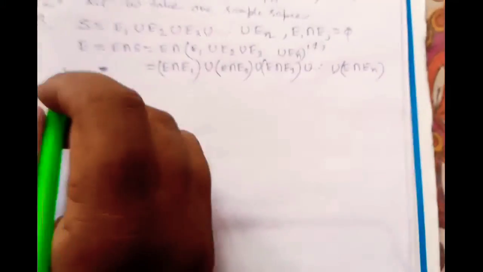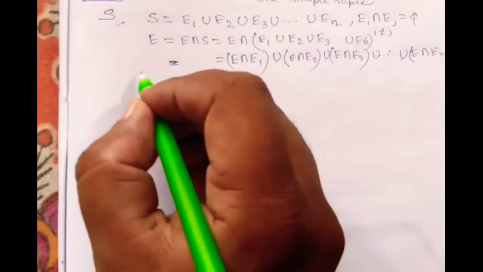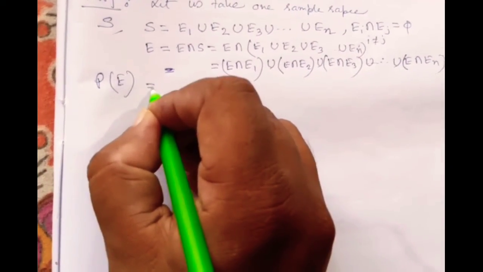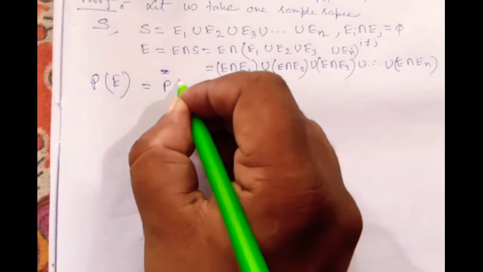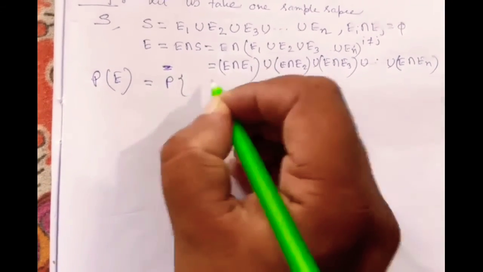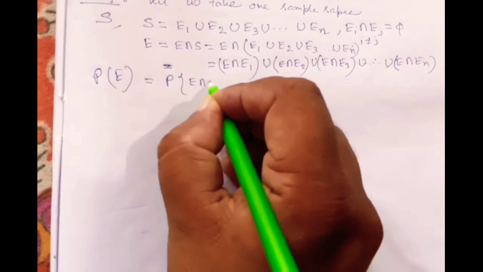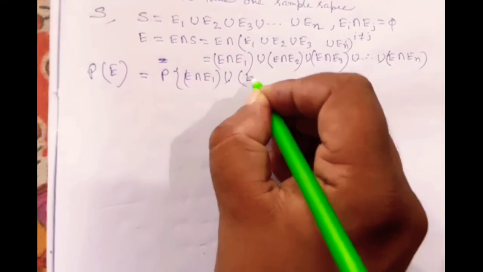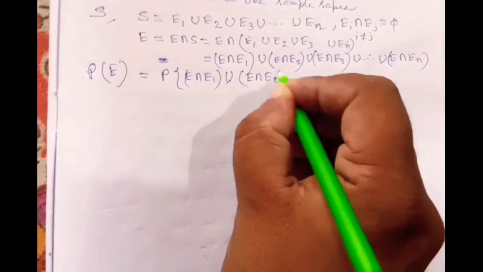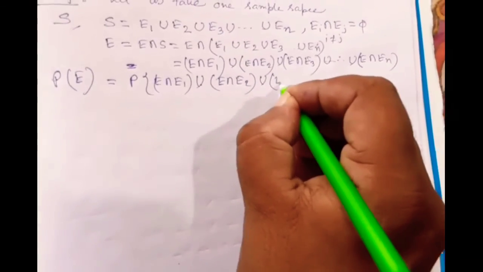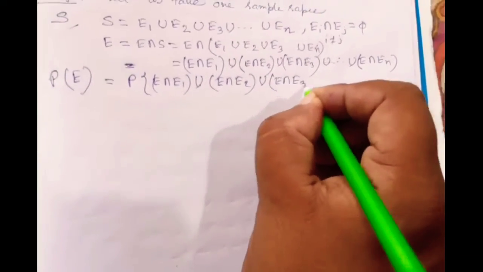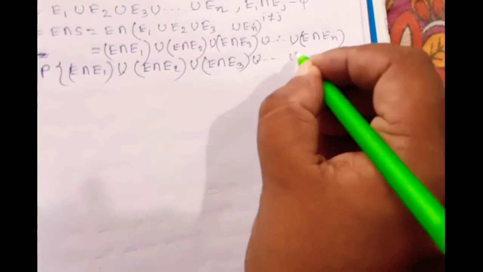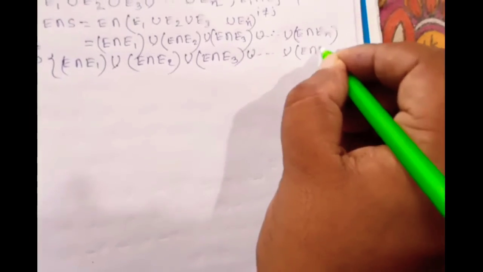Now taking the probability, P of E equals P of (E intersection E1) union (E intersection E2) union (E intersection E3) ... union (E intersection En).